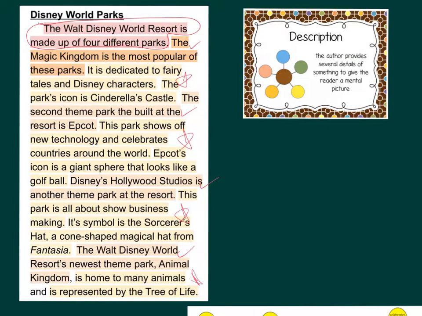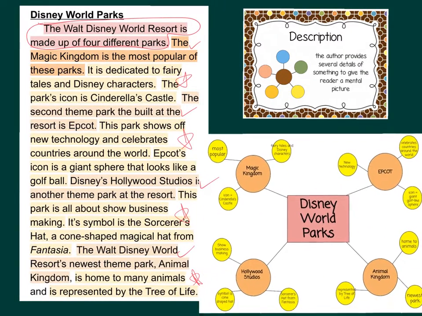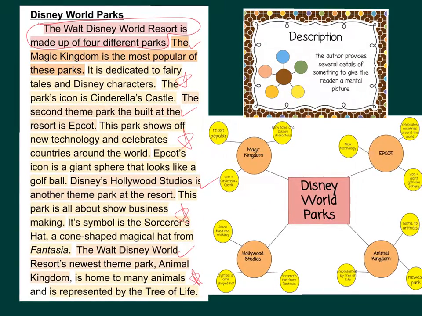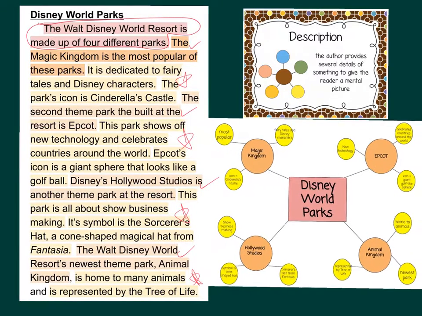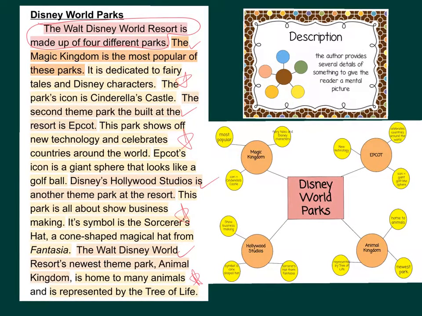And to help organize this information, I've used this graphic organizer. Here we have the main idea here in the center, the supporting details describing each of the parks, and then details to support that detail.